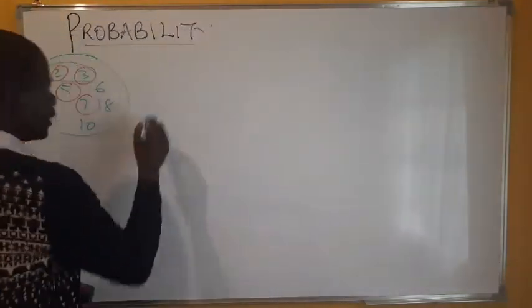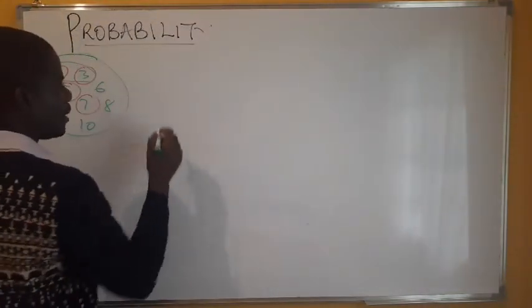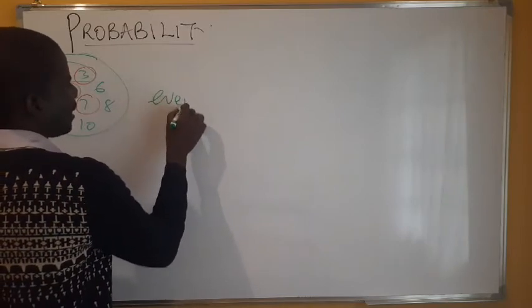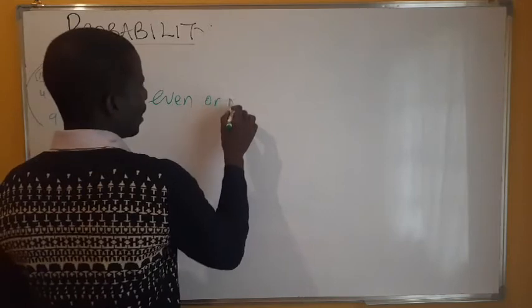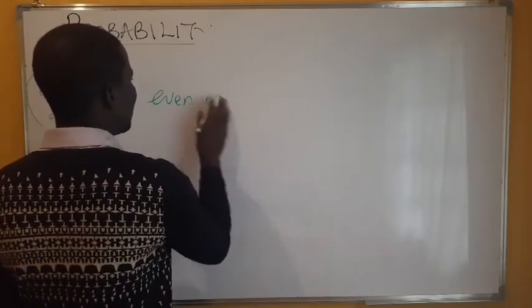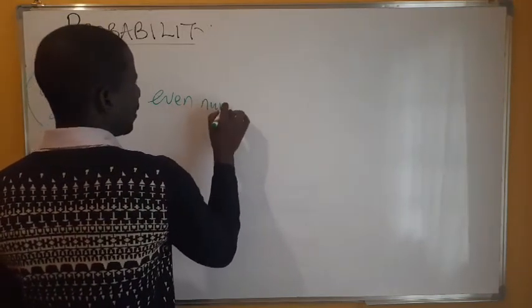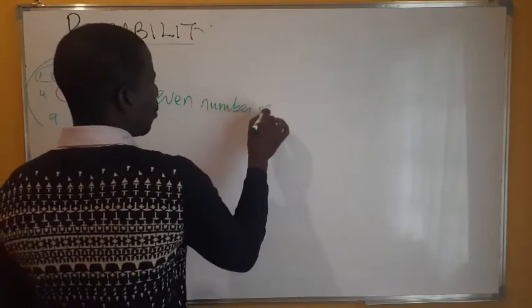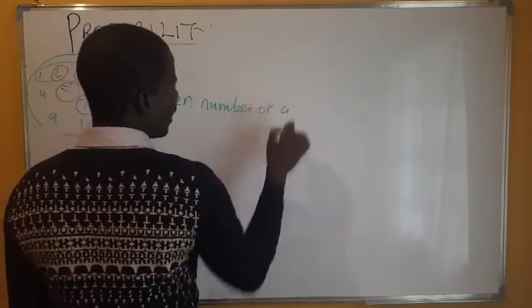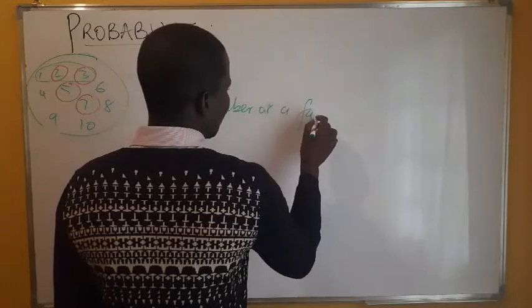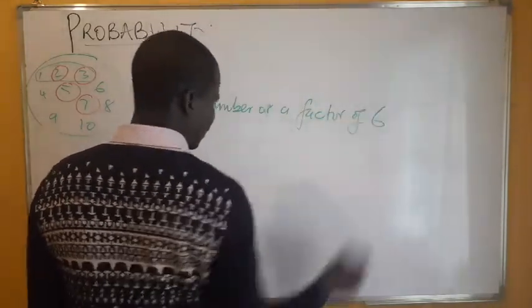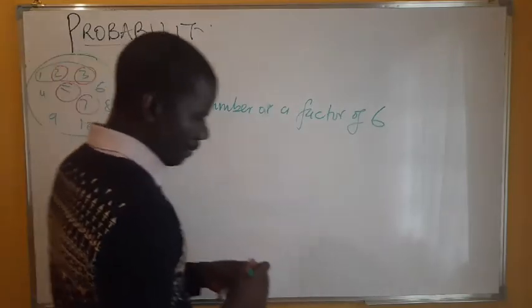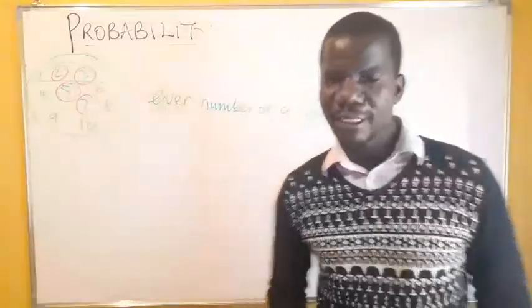If we had another question that was talking about the probability of selecting an even number or a factor of 6. Okay? An even number or a factor of 6.